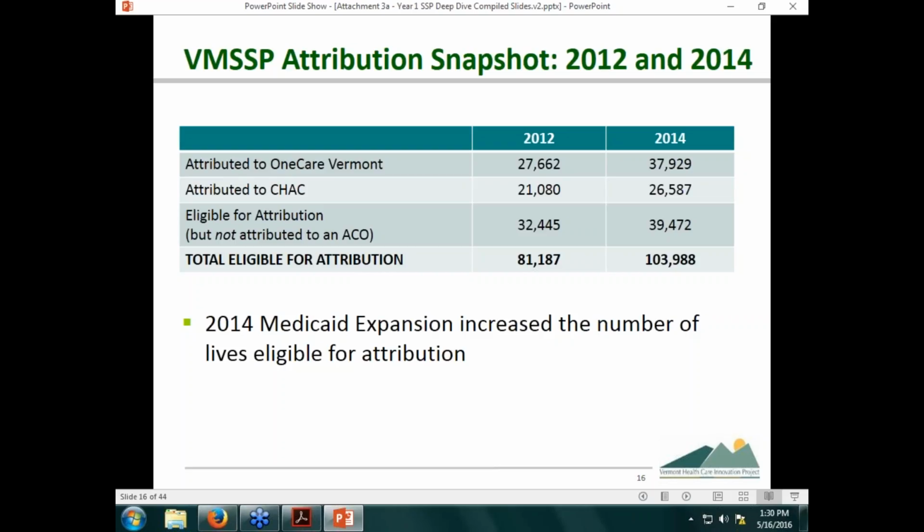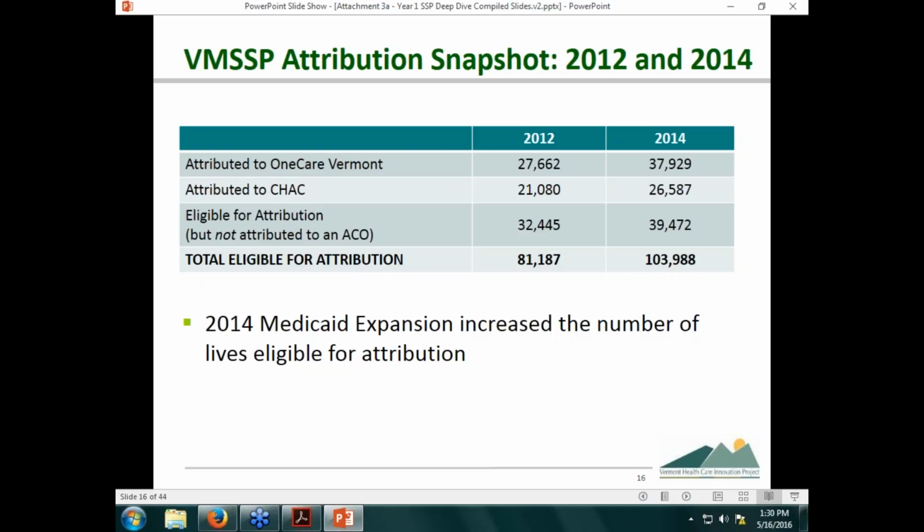And we break it down by whether those individuals would have been attributed to OneCare or to CHAC, or whether they would have been considered otherwise eligible for attribution but aren't attributed because their PCP relationship is through a provider who isn't a part of one of those two ACO networks.